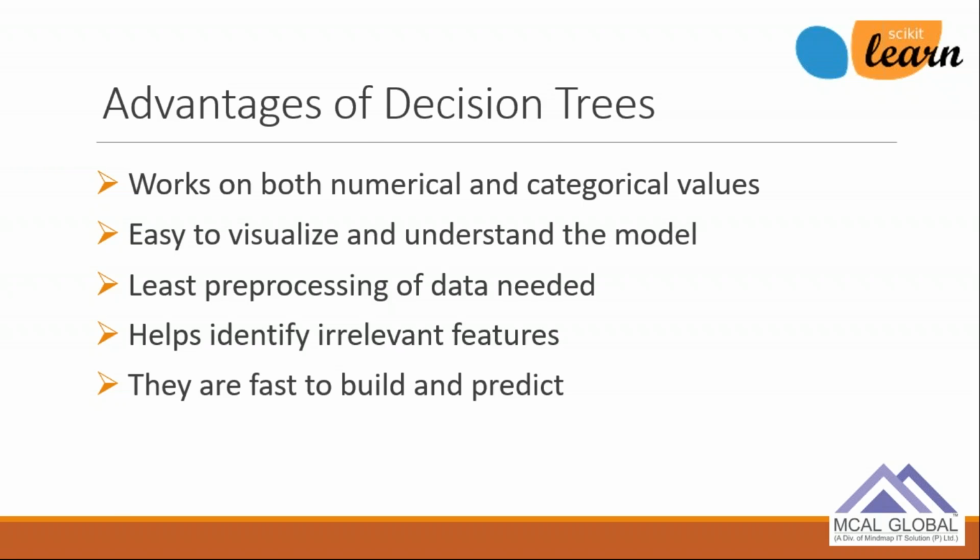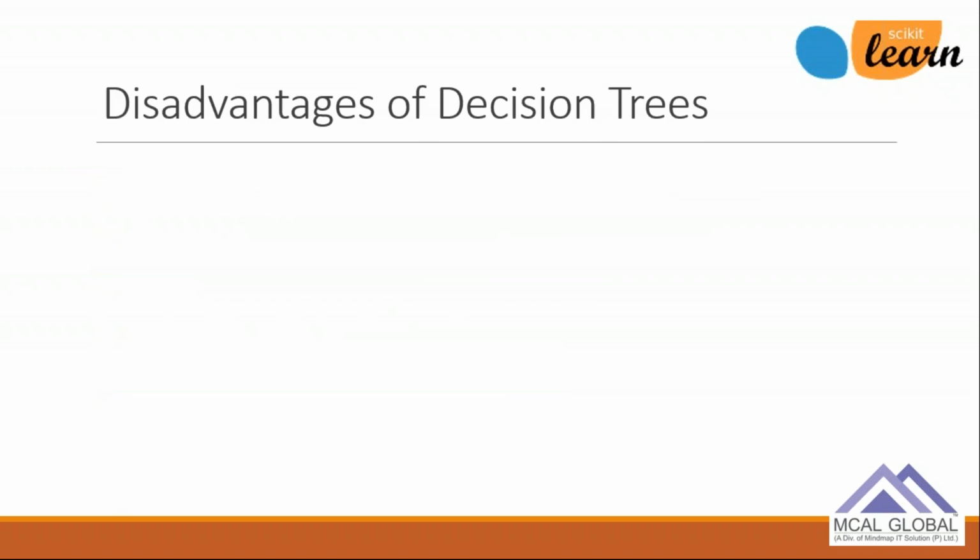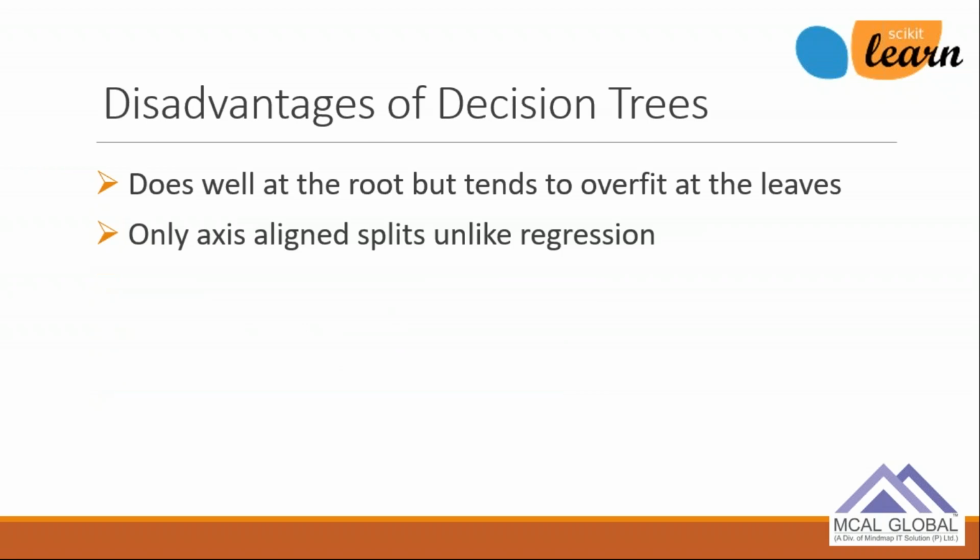This comes in very handy when you fit a model. It can tell which feature is important because it is taking decisions on single features, and based on the Gini index it can say which feature is important or not. They are very fast. The disadvantage is that it tries to overfit.